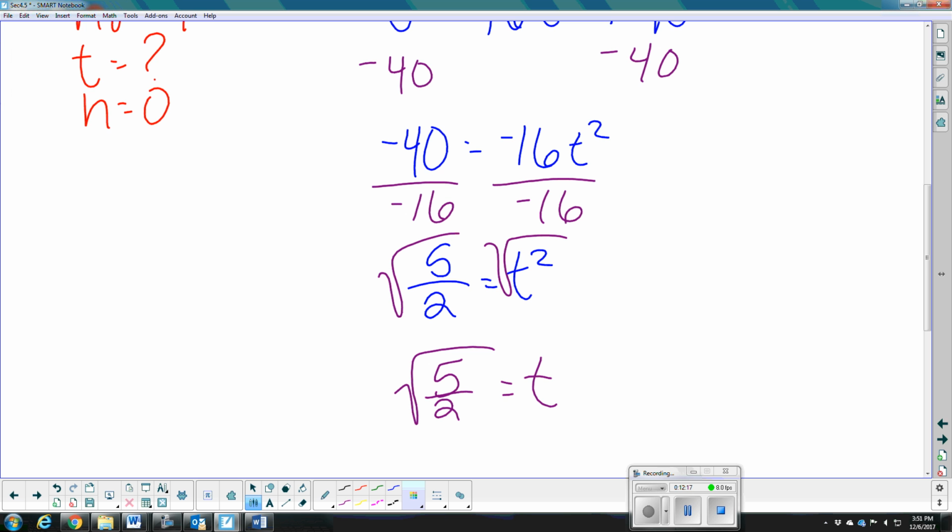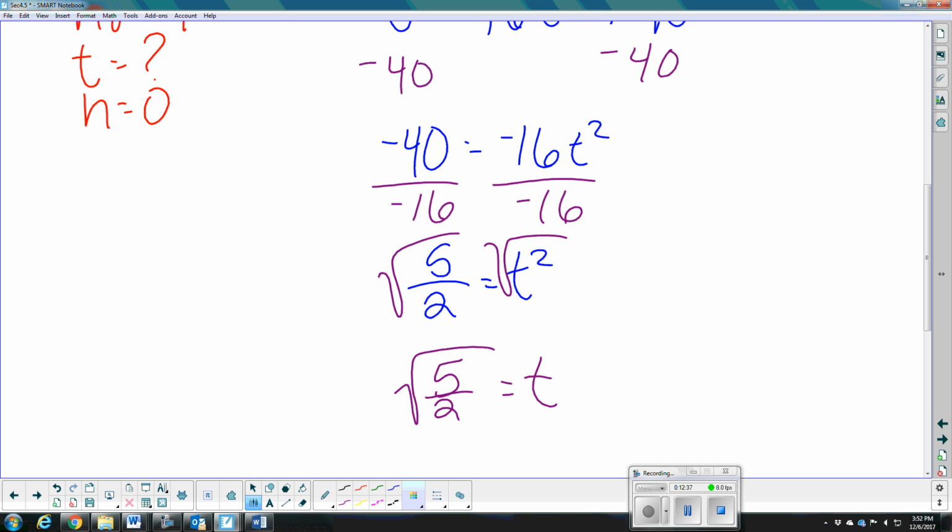Now, when we simplify the square root of 5/2 is when we'll get the plus or minus. If you told somebody that you were going to be there in the square root of 5/2 seconds, they would be super confused as to what you're talking about. So when it makes sense to use decimals, you can use decimals.